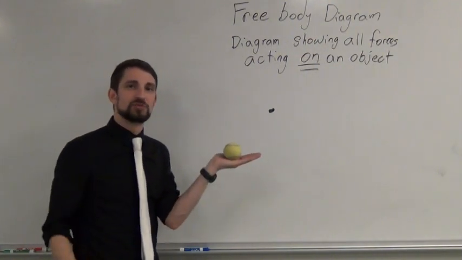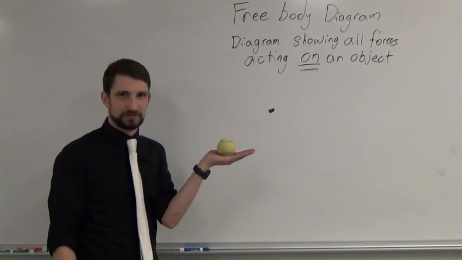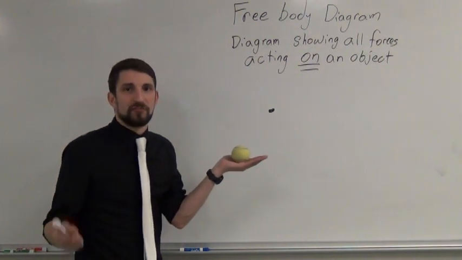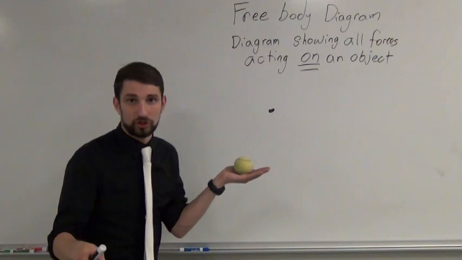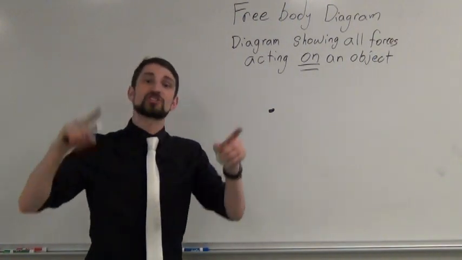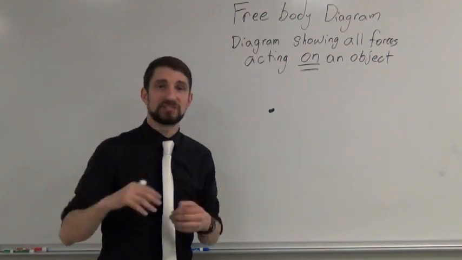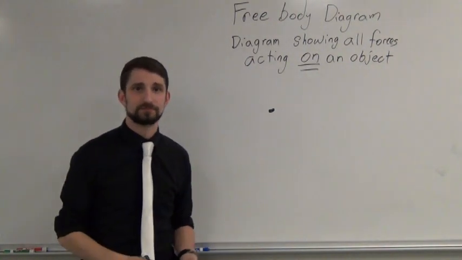What we want to do is look at all the forces acting on this object. Remember, force is a vector, and vectors can be expressed as arrows. The direction of the arrow tells us the direction, and the size of the arrow tells us its magnitude.